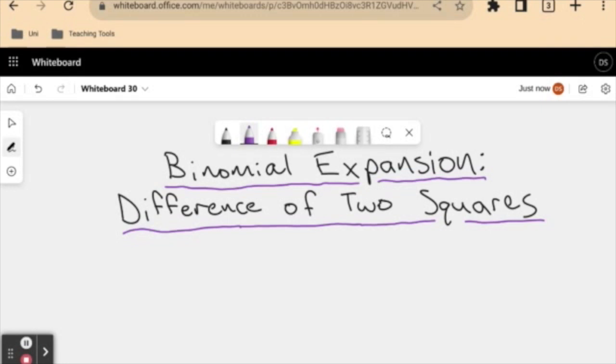And the name will become apparent very soon, but this concept deals with a special type of binomial product. So for the first example, I'll actually write two and we'll do it side by side like we did in the last video. So our first one is going to be expanding x plus 2 and x minus 2.